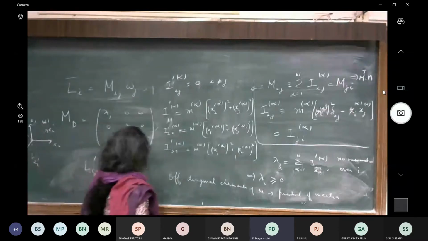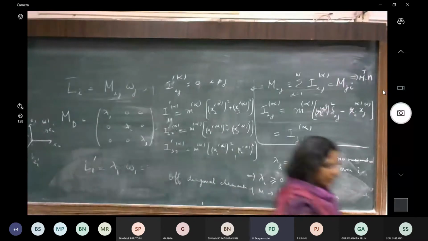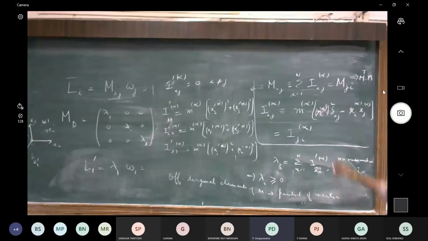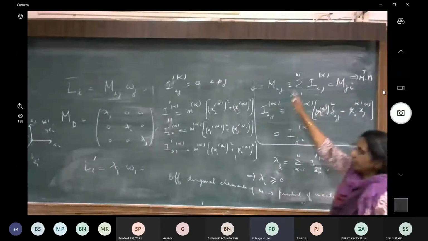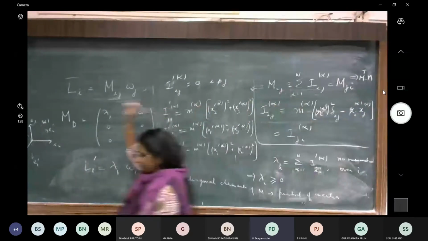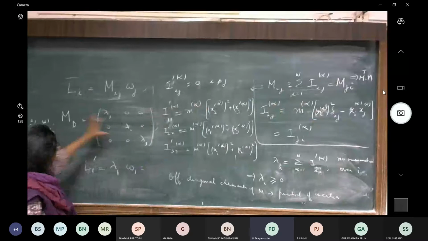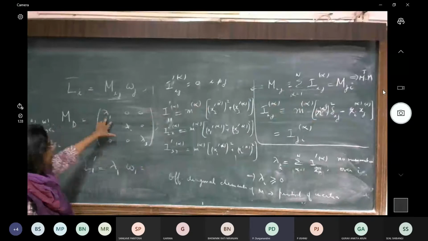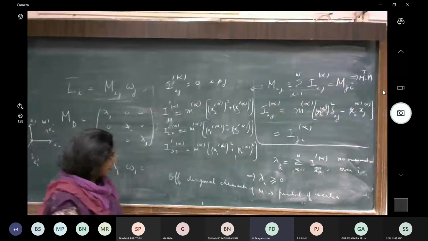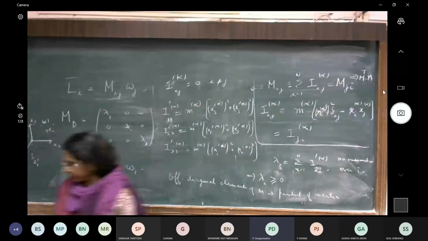These lambda 1, lambda 2, lambda 3 are also called the principal moments of inertia. In general, when you have the M matrix, then M11, M22, and M33 are called the moments of inertia. And M12, all the off-diagonal elements, are called products of inertia. And if you go to the diagonal basis or the principal axis basis, then the diagonal elements are called the principal moments of inertia.